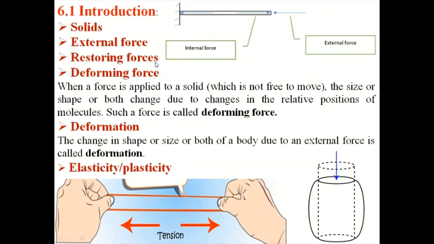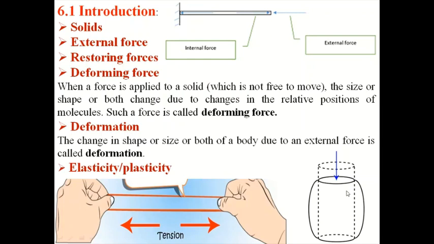And restoring force means what? When we release this stretching force, the material or rubber will take its original size and shape. Means it has some internal restoring force. Due to that internal restoring force, it will take its original size and shape.